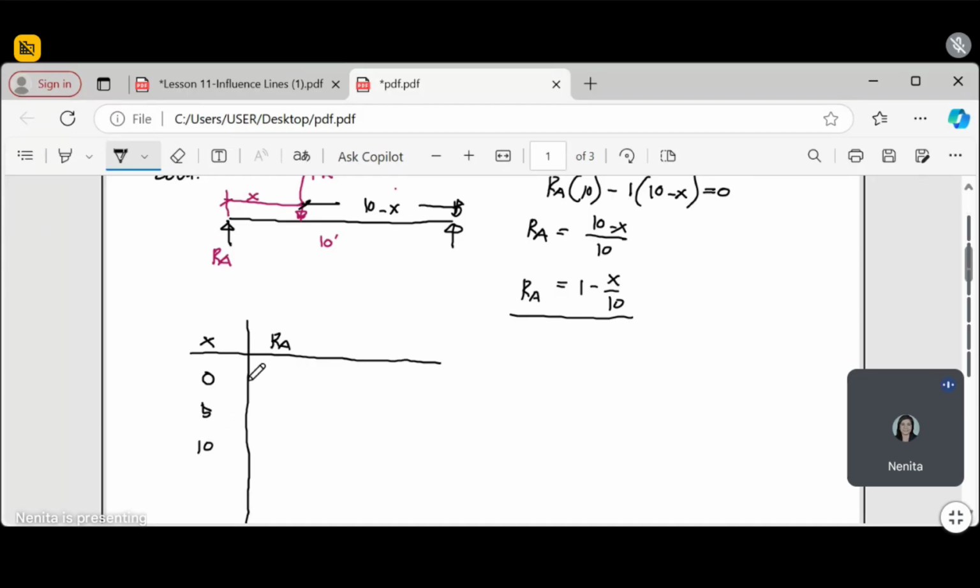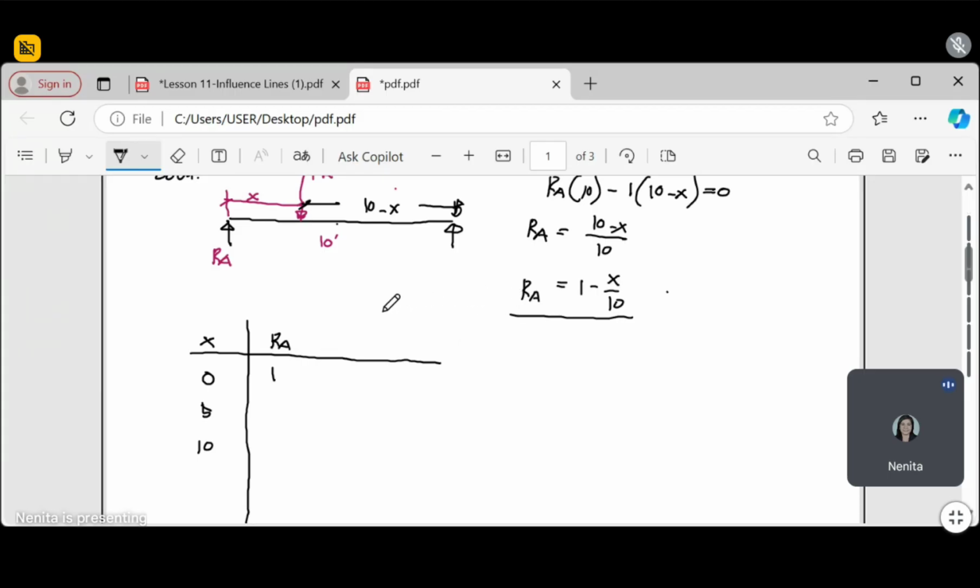Kasi, as long as there are 2 points, straight line na, correct? So, let's say we have x equals 0, x equals 5, x equals 10. Okay. So, at x equals 0, using this equation, we have 1 minus 0 is 1, correct?